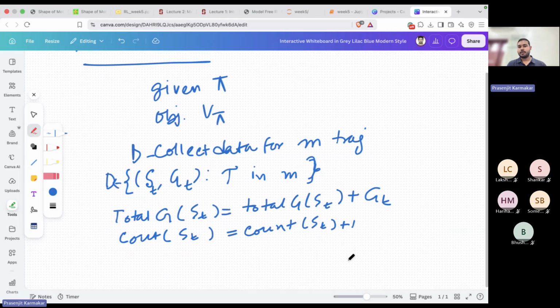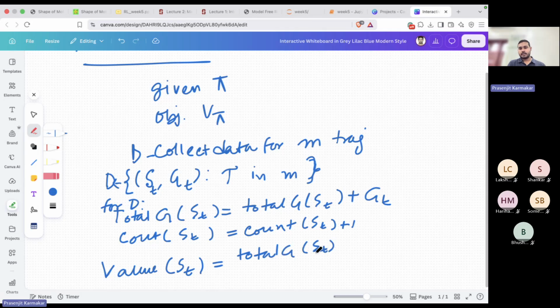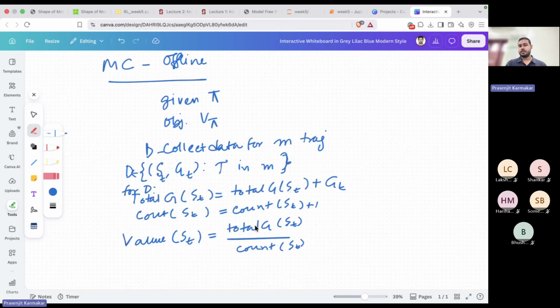Basically, you are summing all the returns that you observe from S_t and counting how many times you observe S_t. You do this for all the entries in the dataset D. And finally, the value of S_t becomes total G of S_t divided by count of S_t, for every state basically. I'm just writing it for one state, but you can assume it for every state.